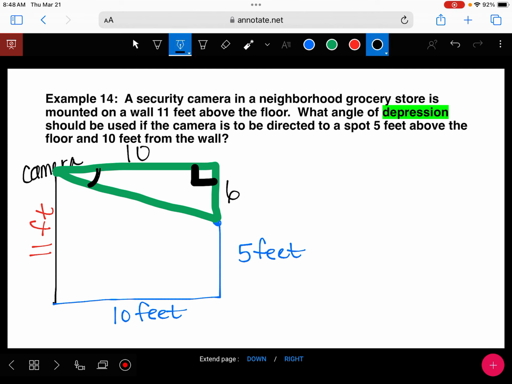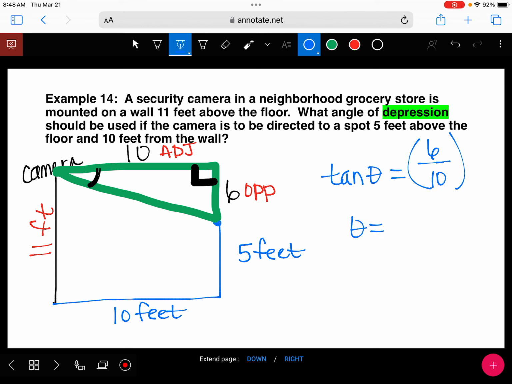So we know that that 10 is adjacent and 6 is opposite. So I'm going to use tangent. So tangent of theta equals 6 over 10, which means that theta is the inverse tangent of 6 over 10.